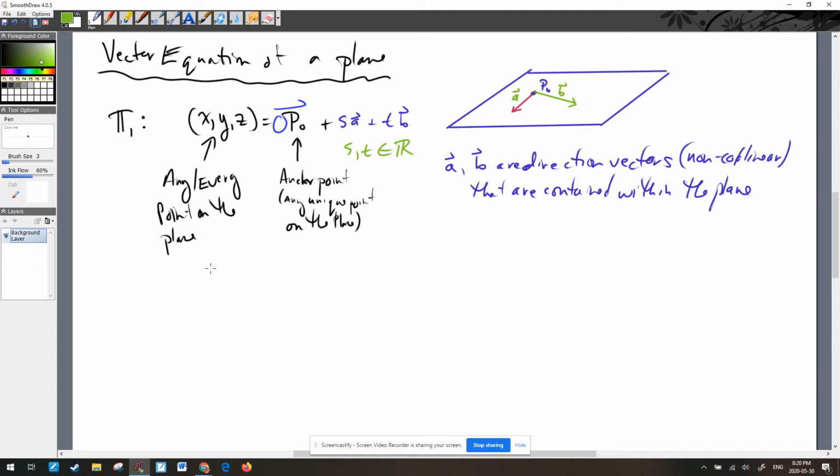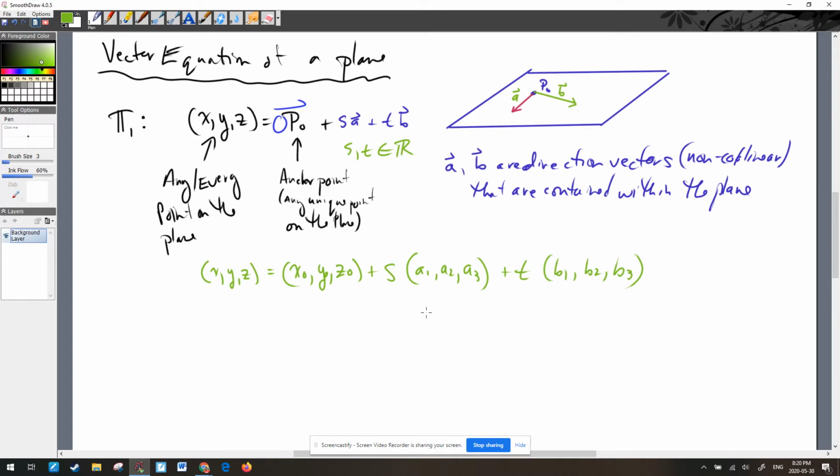It could also be that we have X, Y, and Z is equal to X naught, Y naught, Z naught, so there's our anchor point again, plus S times A1, A2, A3, where there's a direction vector, plus T times B1, B2, B3, and there's our second direction vector, right? So that represents the same thing, okay?